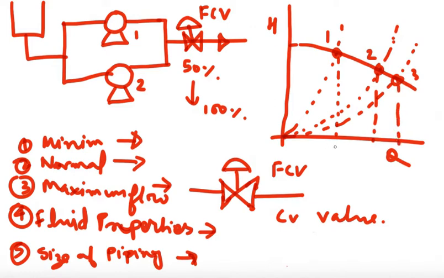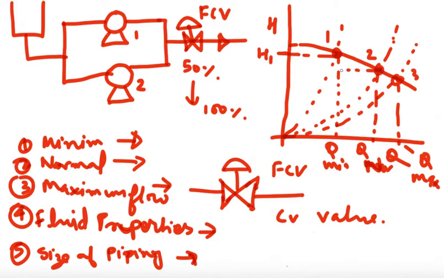So this is Q minimum, this is Q normal, this is Q maximum. At this flow it is delivering head H1. At this point while operating it's delivering H2, and at this point it is delivering head H3.